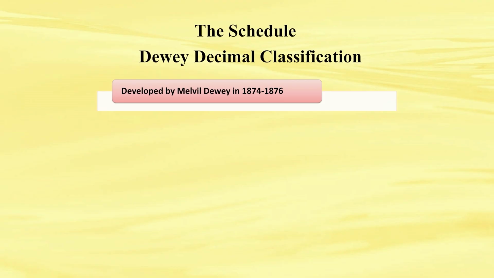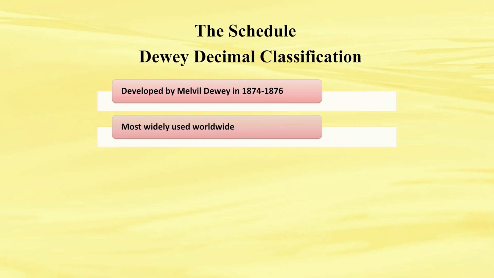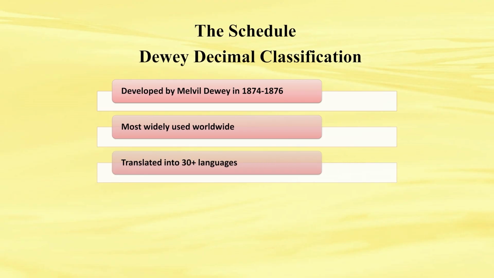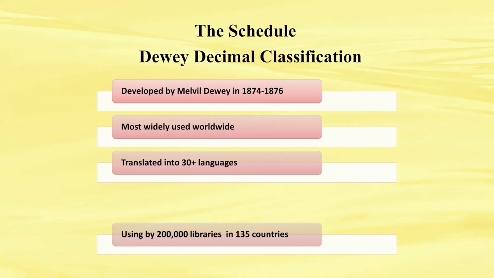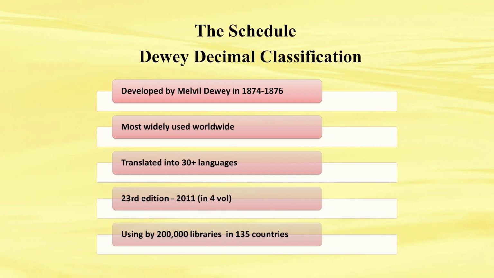Presently it is the most widely used library classification scheme in the world, and it has been translated into 30 plus languages, and more than 2 lakh libraries in 135 countries around the world are using this classification scheme to classify their documents. Presently, we have the 23rd edition of DDC, published in 2011 with its 4 volumes.